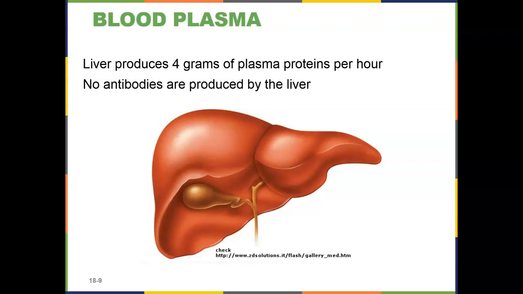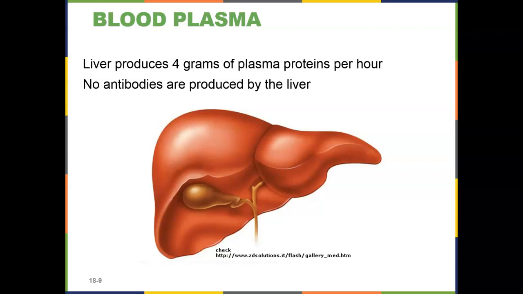We have the different protein factors for blood clotting. And all of these are produced by our liver.